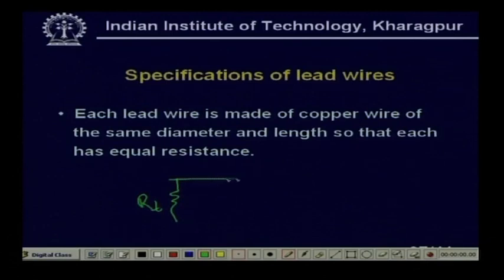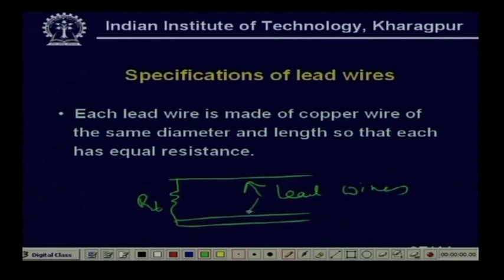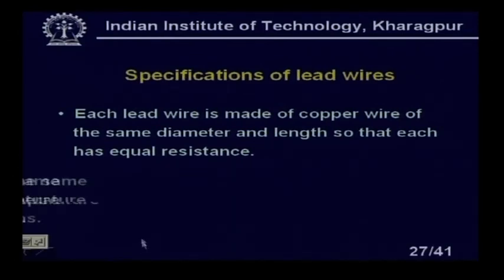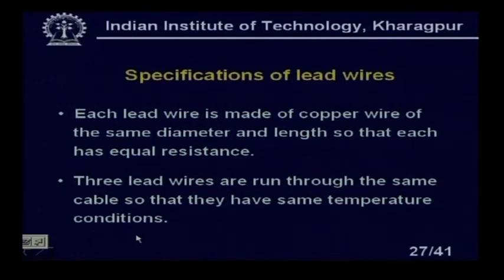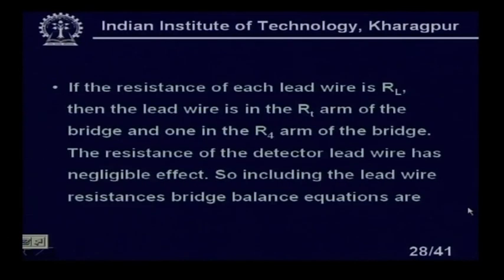This will be connected to the bridge. So, this is our lead wires, right. The 3 lead wires are run through the same cable, so that they have the same temperature condition. This is also necessary.